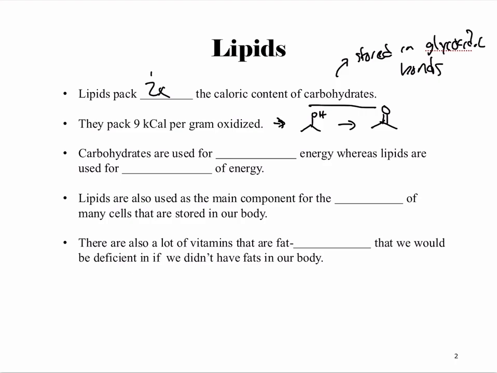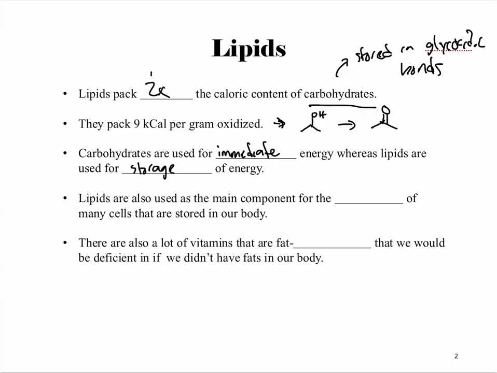So when we oxidize the fats, then we burn energy in that process. Carbohydrates are used for immediate energy, whereas lipids are used for the storage of energy, right? That's why the body naturally holds on to the fat stores, because we're going to use that energy later.